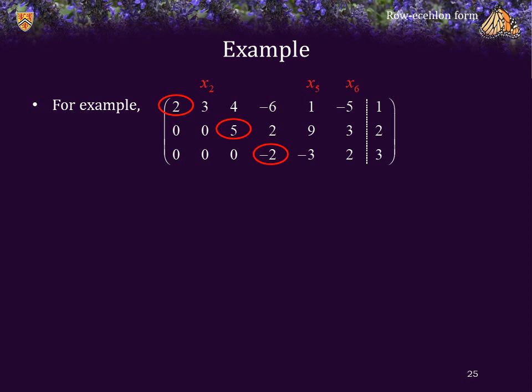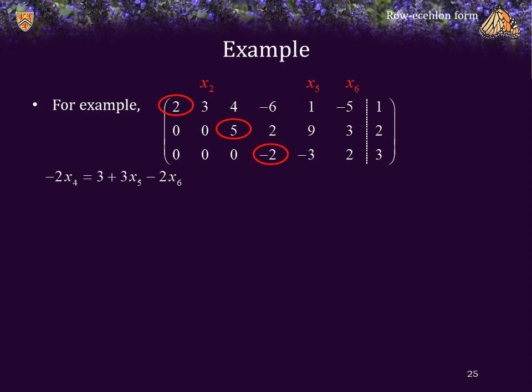Starting with the last equation, it says that negative 2 times x4 minus 3 times x5 plus 2 x6 is equal to 3. Let's bring everything other than the term containing x4 to the right-hand side.